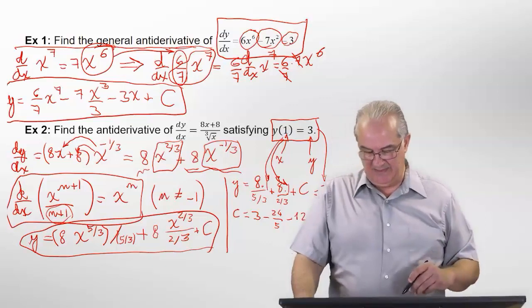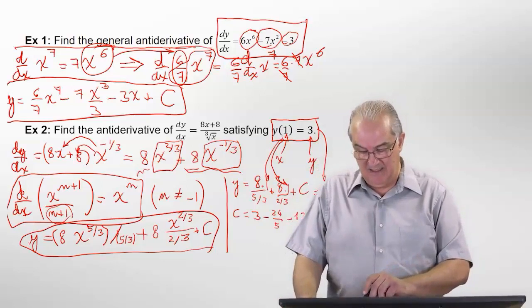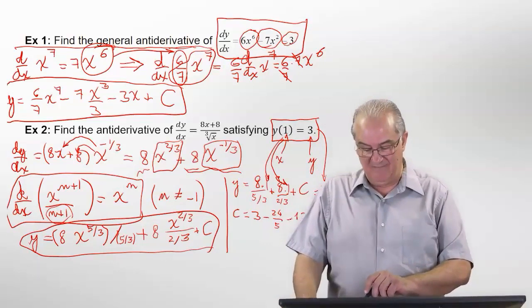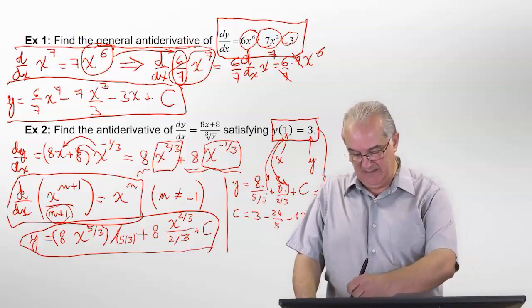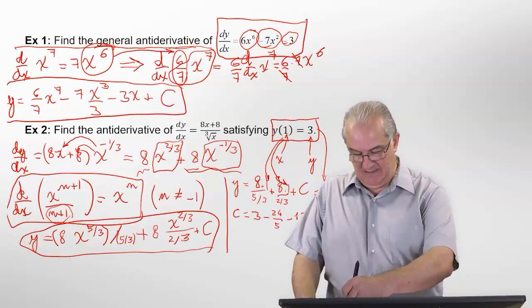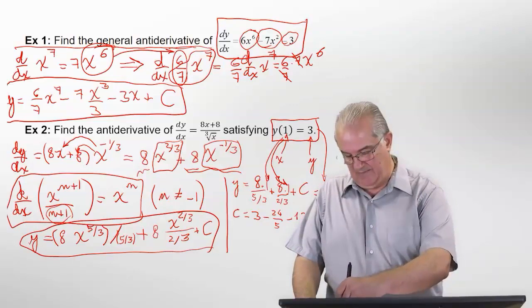And so this is 3 minus 12 is minus 9, which is minus 45/5, and minus another 24/5 is minus 69/5.